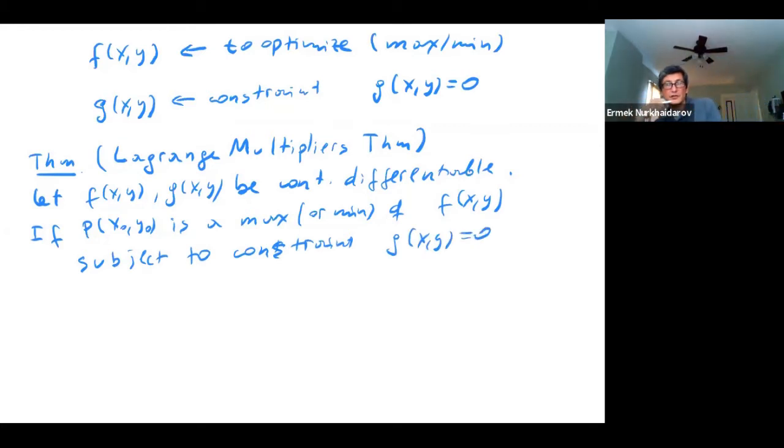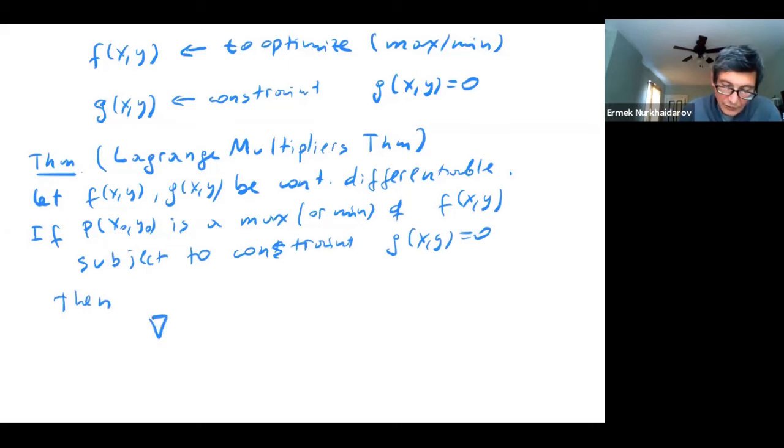So that's exactly the situation we have mentioned on top. We have a function to maximize, in this case, or minimize, I put in parentheses, and we have constraint g of x, y equals 0. So we found it. Then at this point, what is happening?